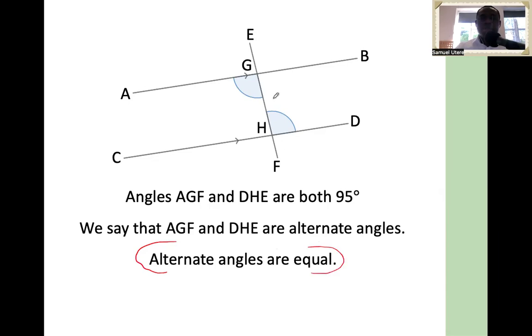There is something I want you to really take note of on how to spot alternate angles, because I would ask you to pause the video and see whether you'll be able to spot some alternate angles. Watch me draw this shape and see how it connects these alternate angles.